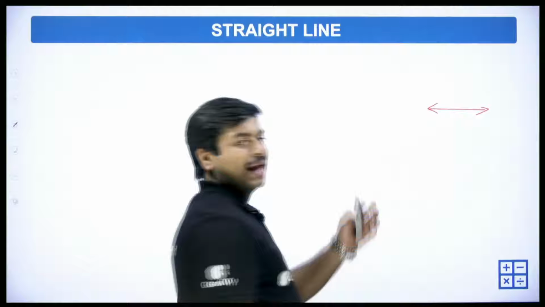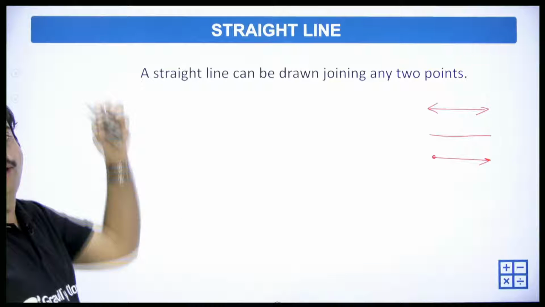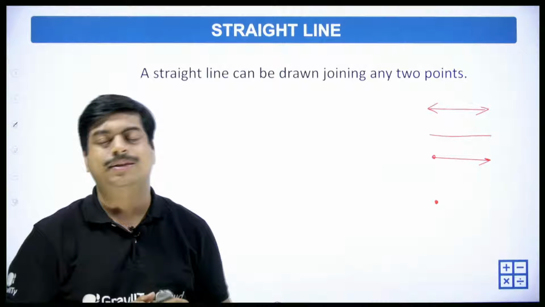Correct? Now, a straight line can be drawn joining any 2 points. For example, if you have only 1 point, how many lines can be drawn using this point? 1, 2, 3, 4, 5, 6, 7, 8, 9, 10, and so on.